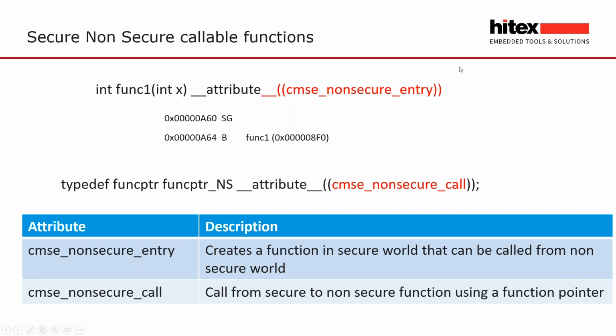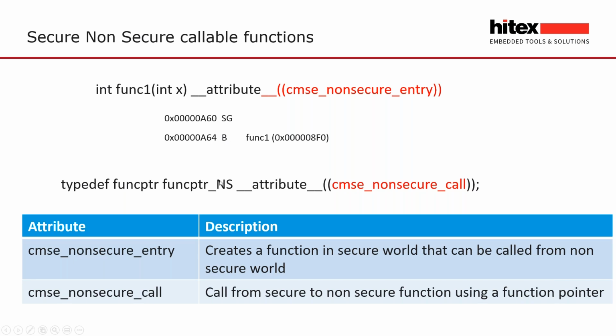So the function will sit in the secure partition. The veneer table is sitting in the non-secure callable area. And then we have a header file, which is given to the non-secure code that will, when it calls the secure functions, enter at this point and then branch and execute the main function.